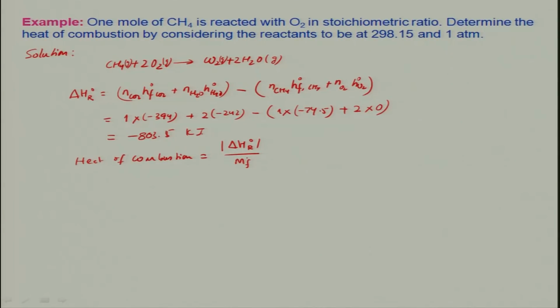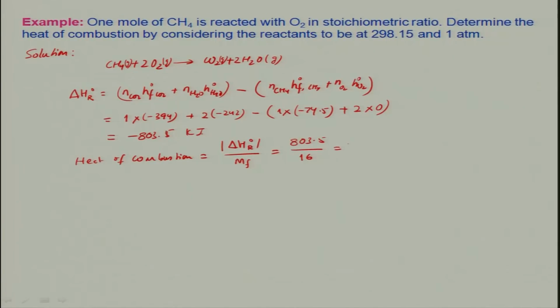I can also express it in terms of moles, and people do report that, but this is a little easier to keep in mind and easier to use, therefore I have used this here. 803.5, the modulus means it will be positive although it is negative, divided by the mass of fuel, which is the molecular weight of fuel into 1 mole, so that will be 16.